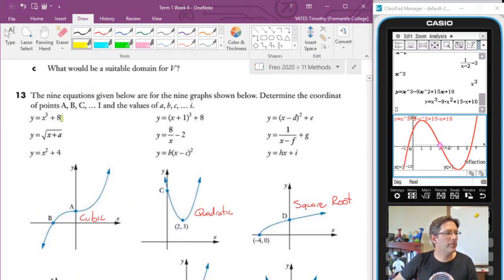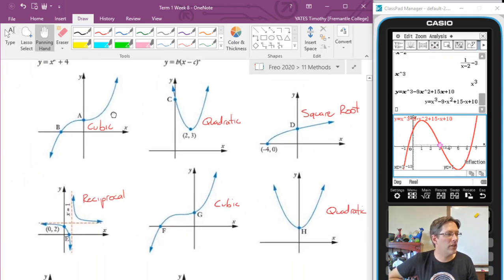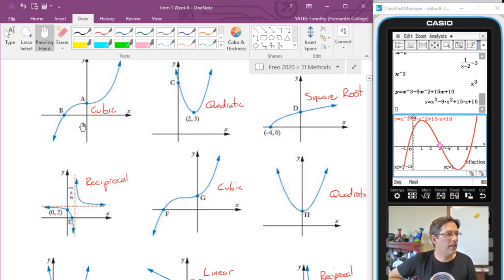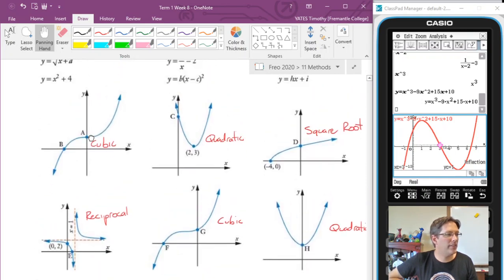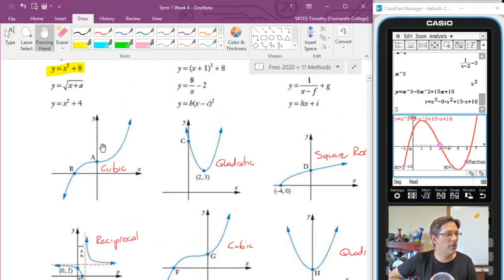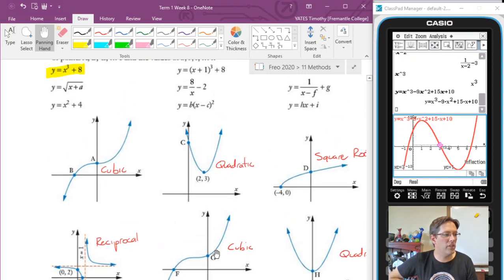So first up, x cubed plus 8. This is a cubic, so we're going to look down and see which cubics it could be. It's going to be this cubic, or it's going to be this cubic down here. Now x cubed plus 8, I would expect that to be centered around the y-axis, so that would be this one here. So I would expect a equals 8.